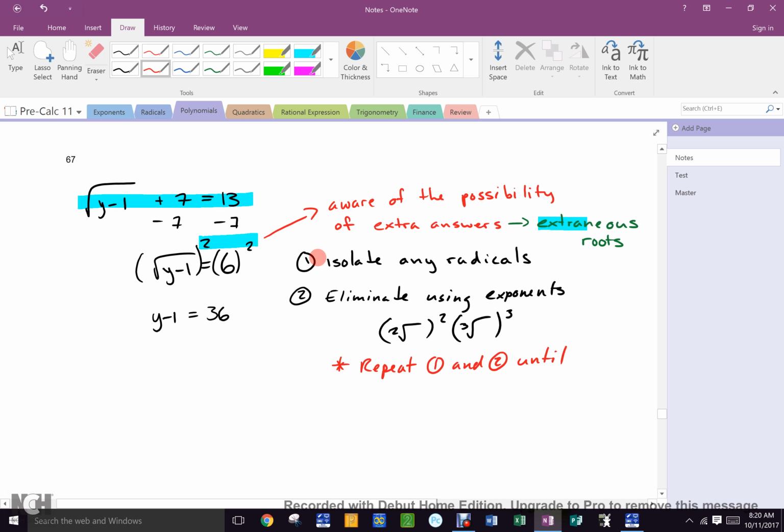When should we stop isolating radicals and eliminating them? Not quite, but it is close. When all the radicals are gone. We just follow the same rules. We repeat until all radicals are gone.